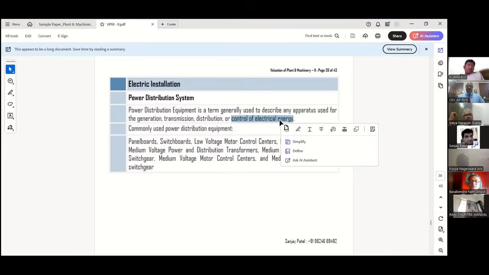HT high tension panels, LT panels. It goes to HT panels, and from HT panel the load is distributed to the transformer. From LT panels it will be distributed to the control panels of the machines, and then it goes to the machine.